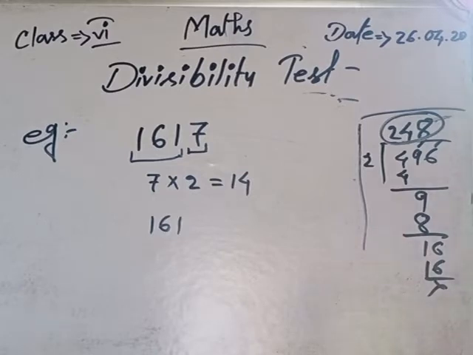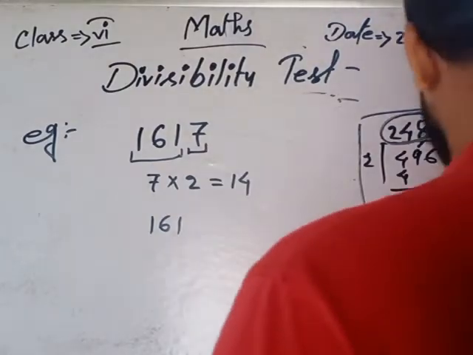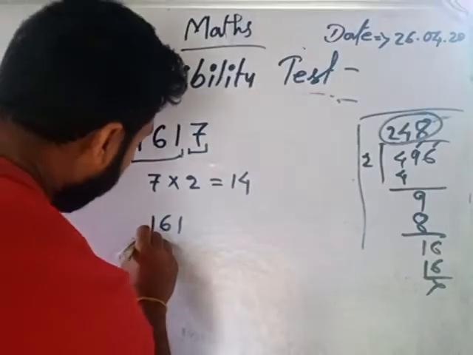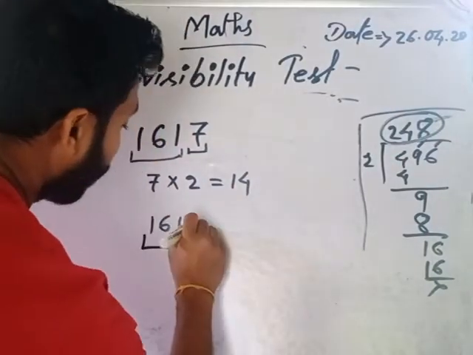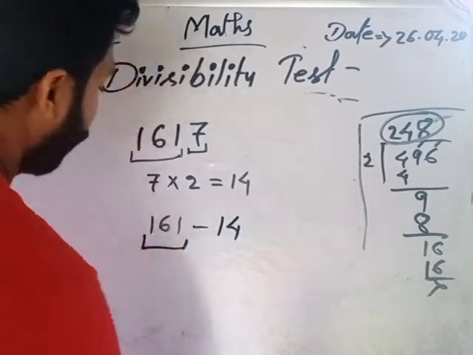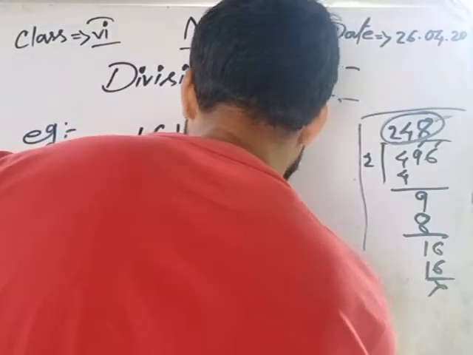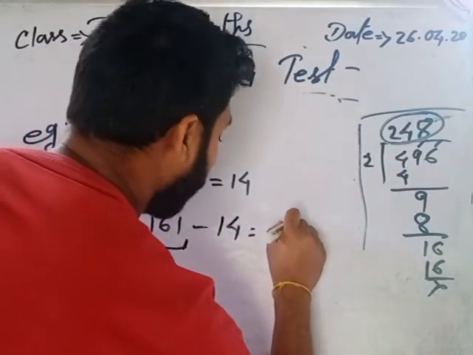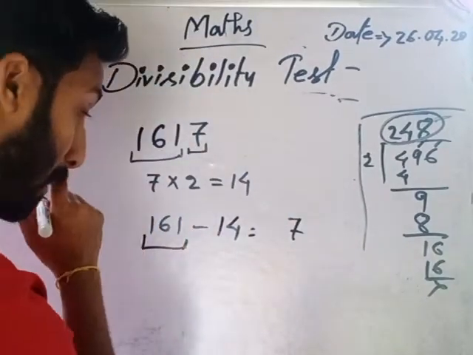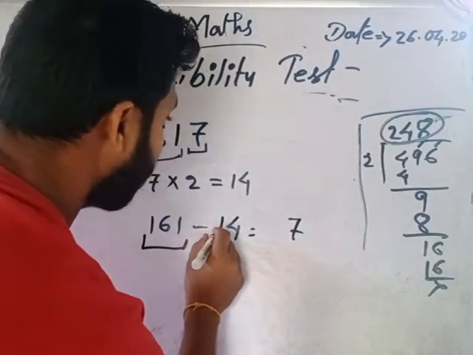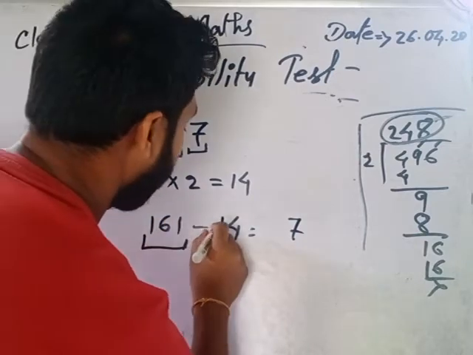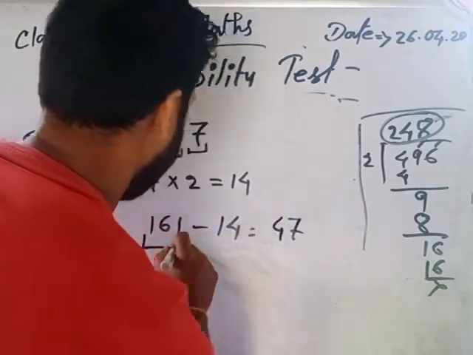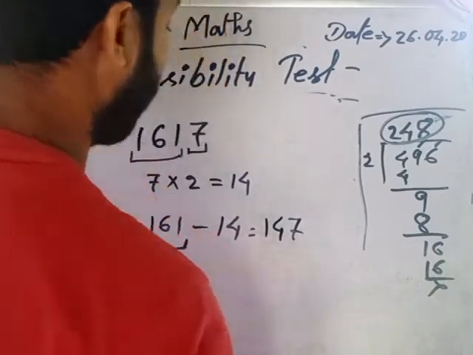After that, we subtract 14 from 161. 11 minus 4 is 7. 1 carries to the next. 6 minus 2 is 4. 1 left. 147.